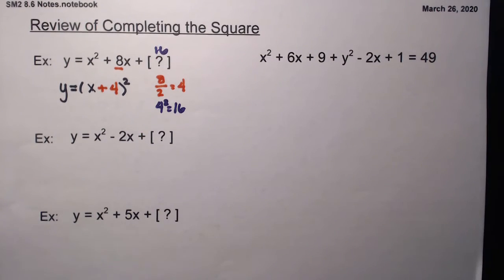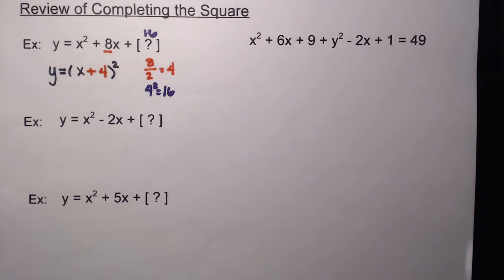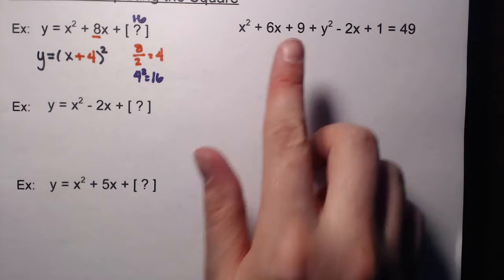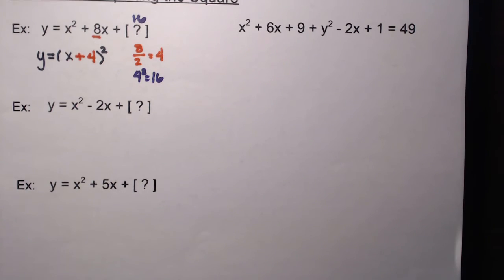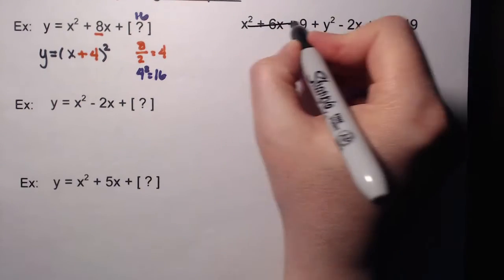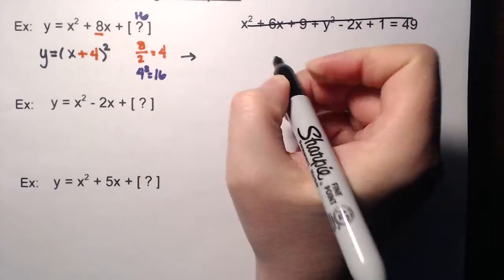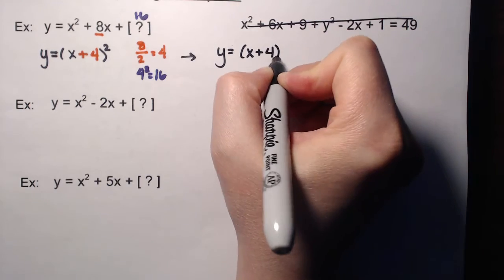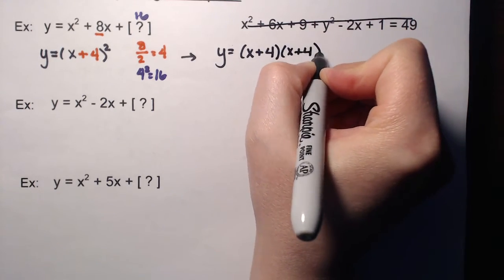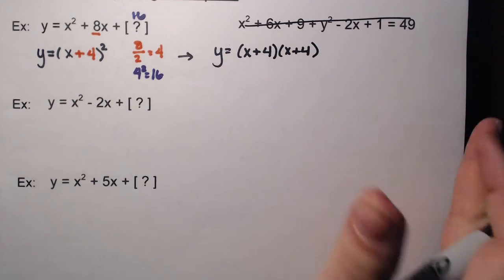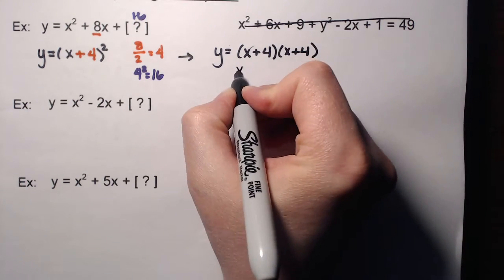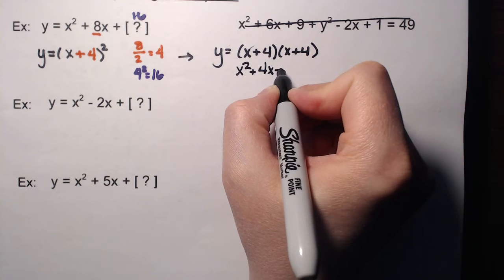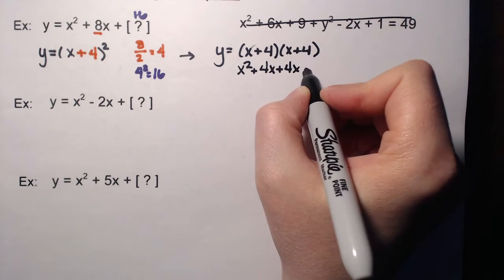So if I were to rewrite this and actually multiply this out, I get x times x is x squared plus 4x plus 4x plus 16.